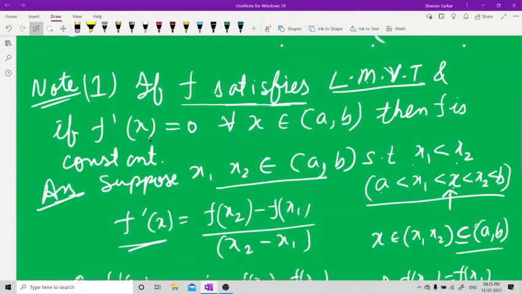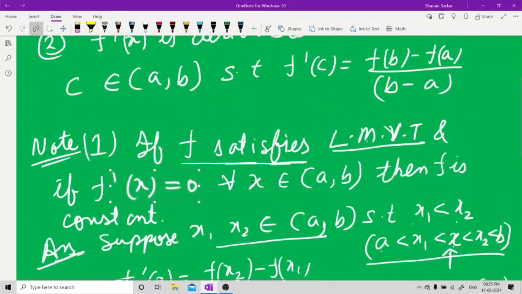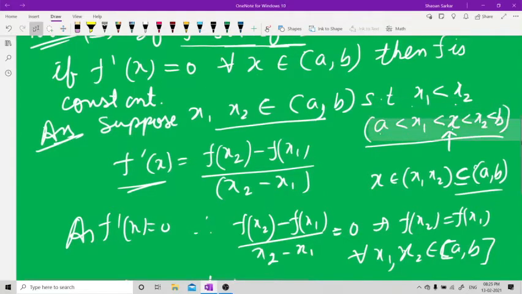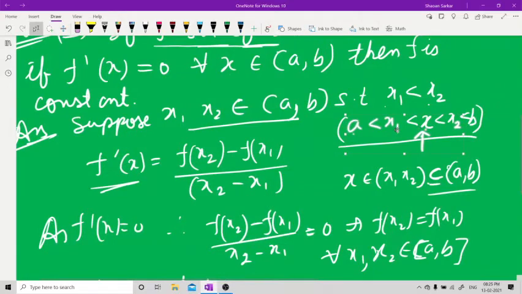And I am trying to show that in this situation, f'(x), where x is behaving exactly like this c, that is f'(c) becoming 0, then f is a constant function. Suppose I select x1 and x2 between a and b such that x1 is less than x2, so the situation will be like this: a would be less than x1, which will be less than this point.